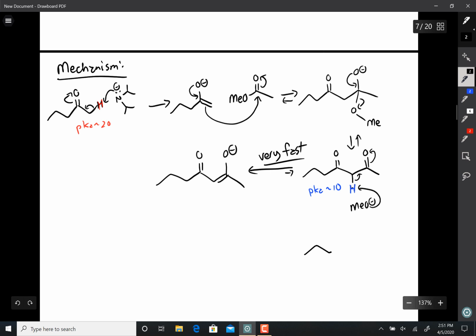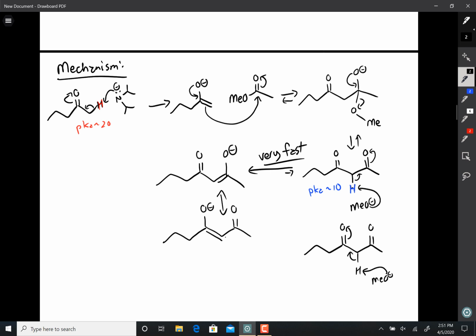Now, I drew the electrons going to the right. You could have also had the electrons go to the left. It doesn't matter because those are the same molecule. They're just resonance structures of each other.